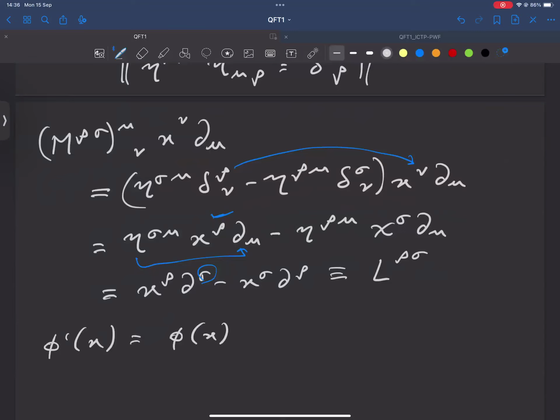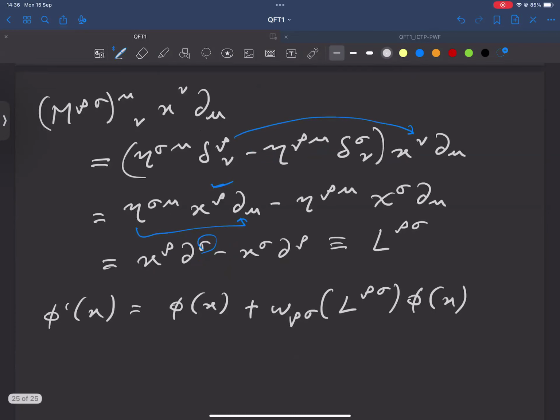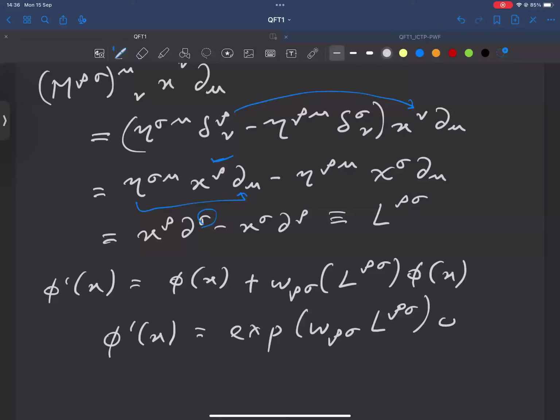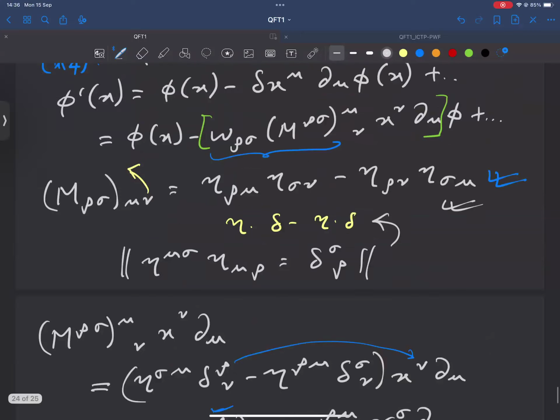Phi of x plus omega rho sigma L rho sigma phi of x. Okay. And yeah, so we can also write this guy as this to generate all the finite Lorentz transformations. Okay.